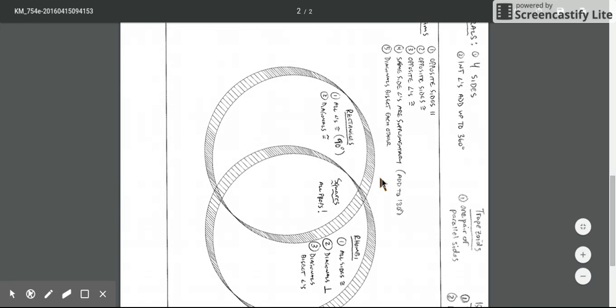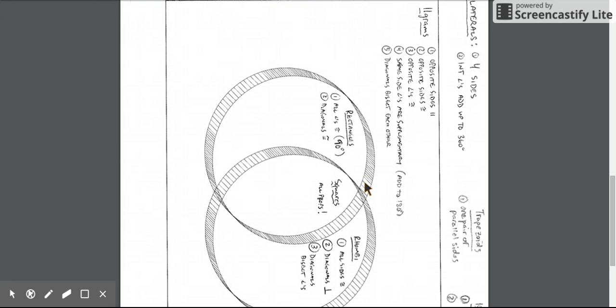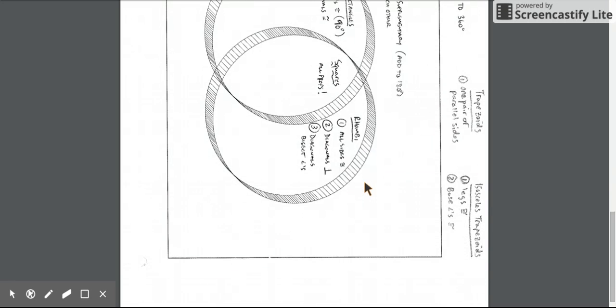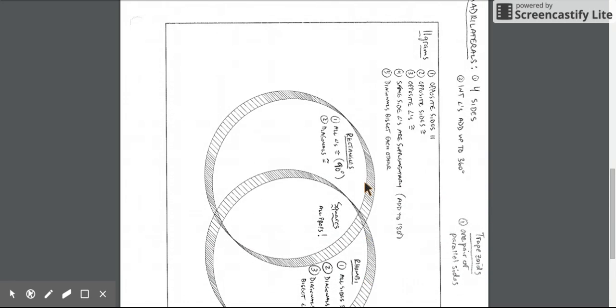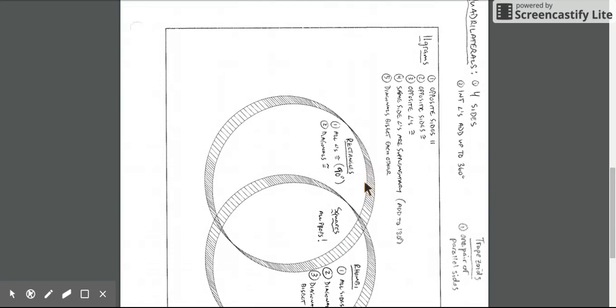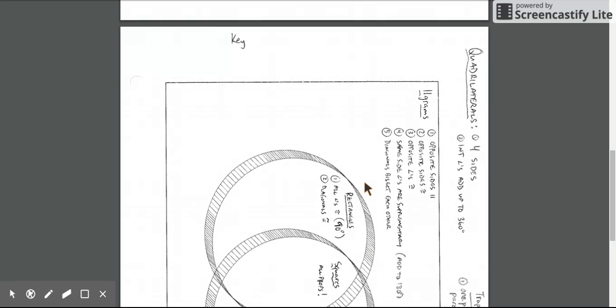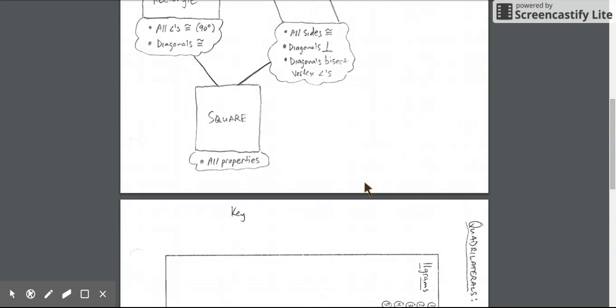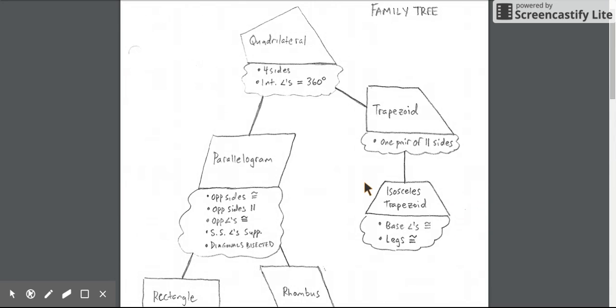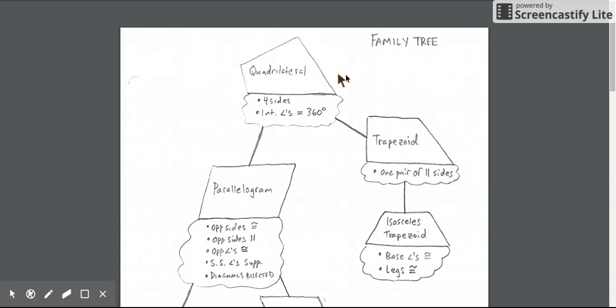Those things that are not overlapping or inside are not sharing those properties. So that's another organizational tool that we can use to organize these properties in these types of shapes. So hopefully one of those, if not both of them, will help you answer the practice problems, comparing these types of shapes and their properties.